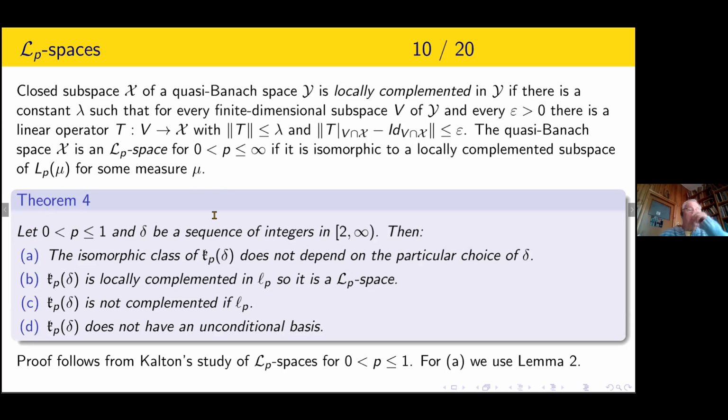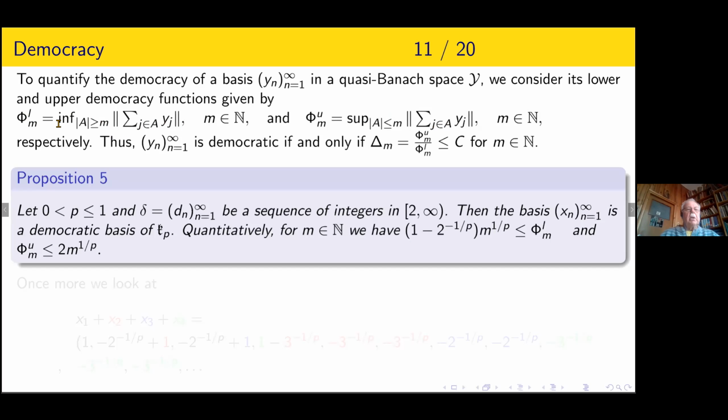And now democracy. I basically described what it is, but to put it into more precise numbers, we define the lower democracy constant and the upper democracy constant, where m is a number: the lower is the infimum of the sums of basis vectors over sets longer than m, and the upper is the supremum of the sums over sets shorter than m.